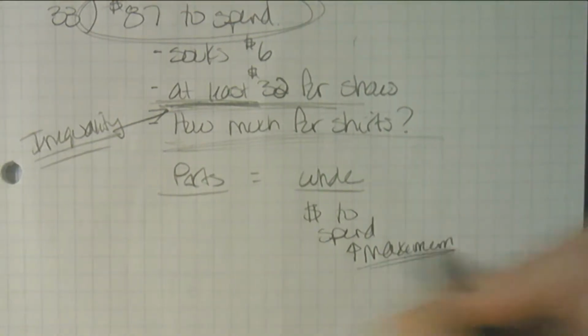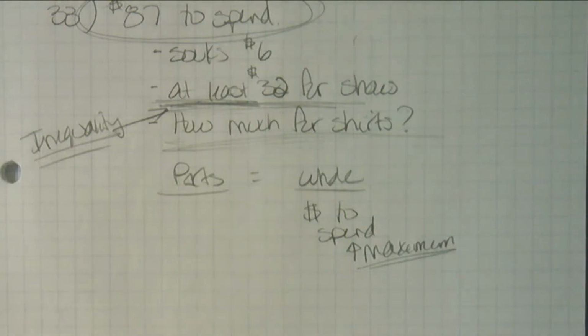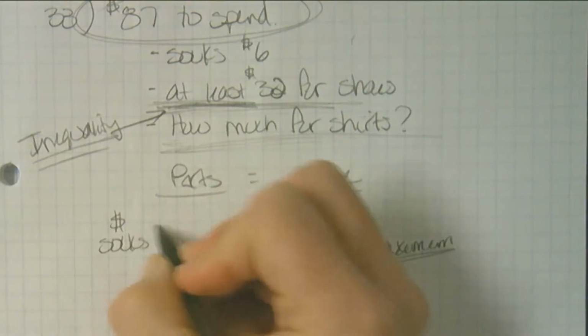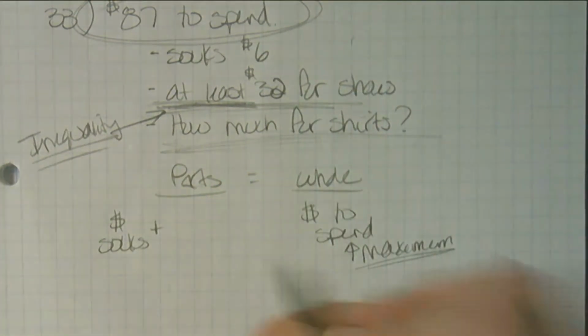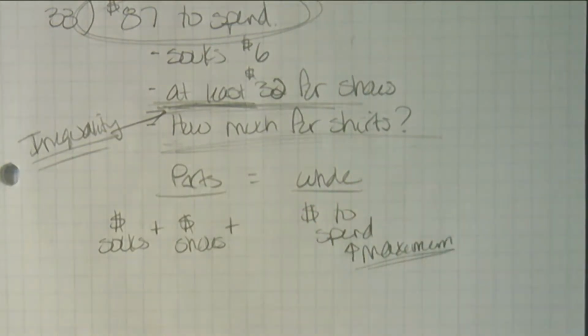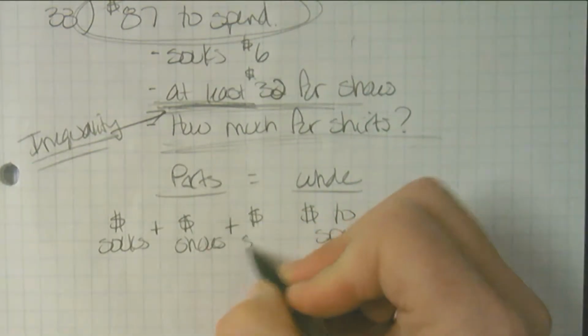I need to know that when I do my parts. What are my parts? What are we actually spending money on? Anybody? Layla? Okay. Money for socks plus money for shoes plus what else? Excellent. Money for shirts.